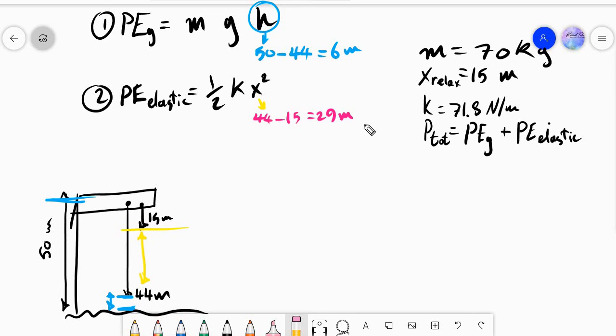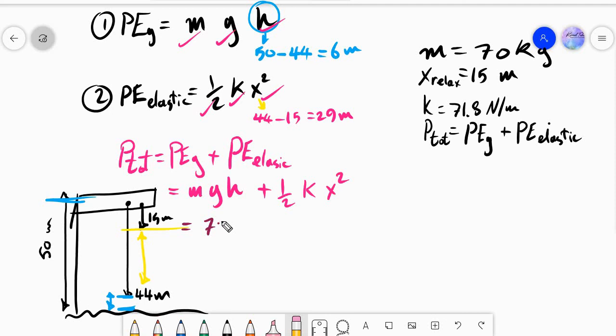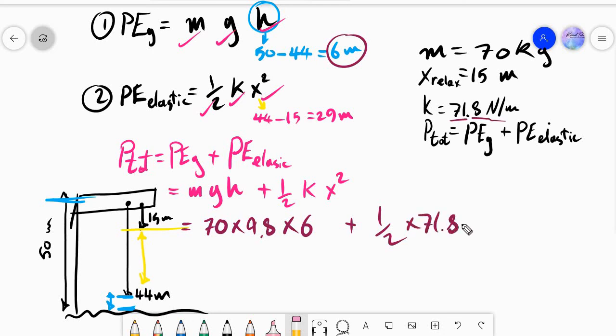Now we have all the things. We have m, g, h, and half k x squared, and we will add all of them and find the total potential energy. We just substitute 70 times 9.8 times h, 6 meters, plus half k, which is 71.8 times x squared.